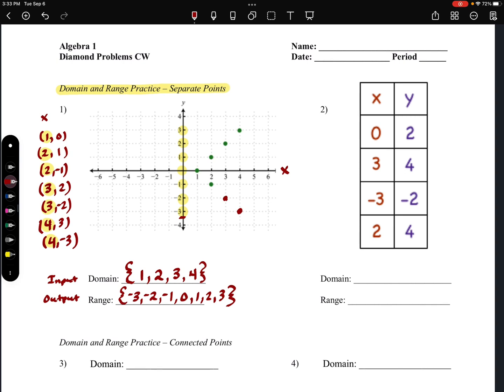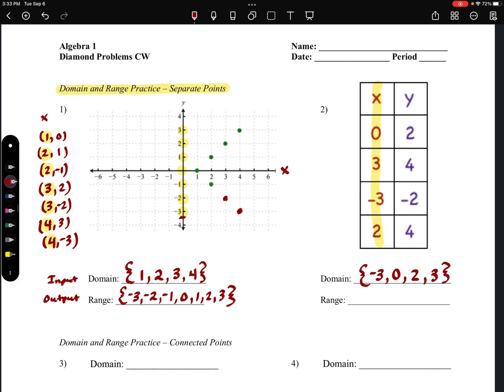This one's already written in table form. So for our domain, we are going to look at all of the values right here. So we're going to list them in order from least to greatest. So our smallest is -3. And then we have 0, 2, and positive 3.